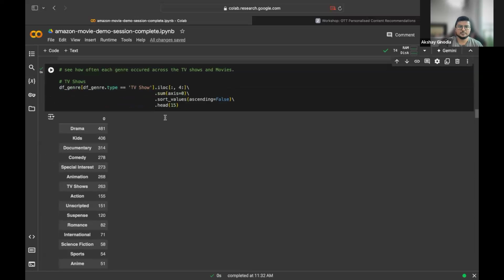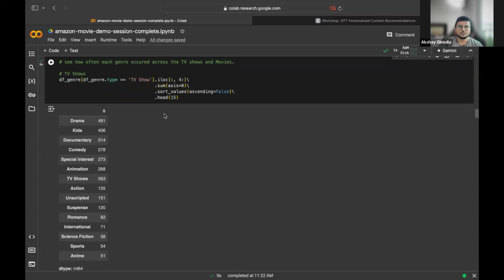So here I am doing exploration. I'm filtering by TV show, and within the TV show, I'm doing a value counts to see which is the most commonly occurring genre.